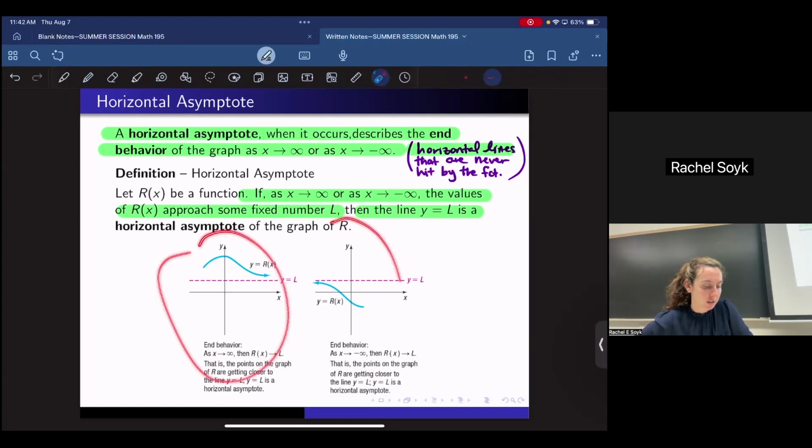Down here are just some short visuals. You have a random function getting very, very close to this horizontal line, but never hitting it. And then you have another function coming up from the bottom and approaching y equals L, but once again, never hitting it.